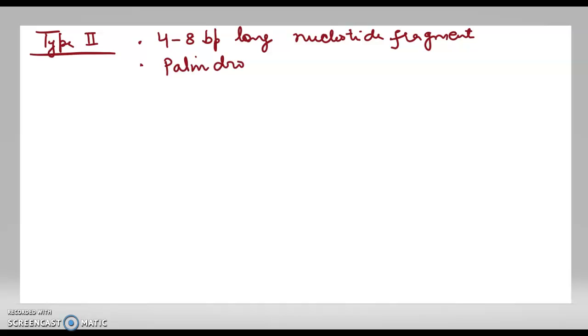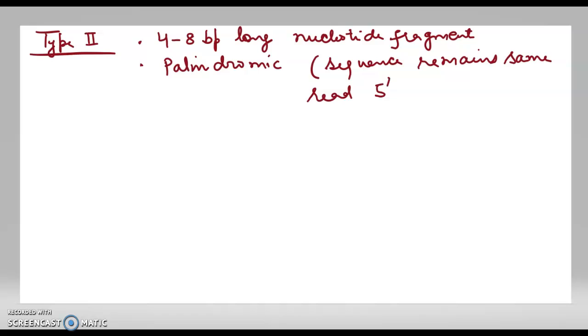Palindromic means that the sequence remains the same when we read it from 5' to 3' direction. Now let me explain with the help of an example.